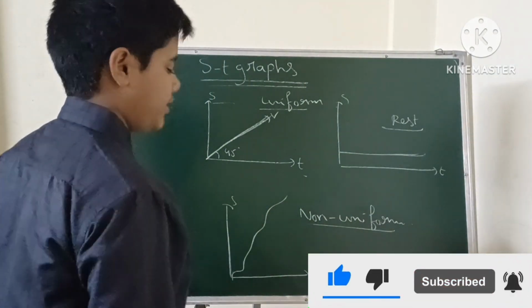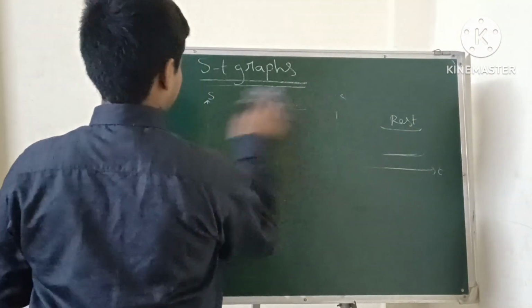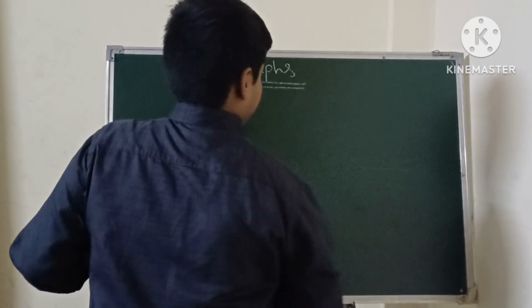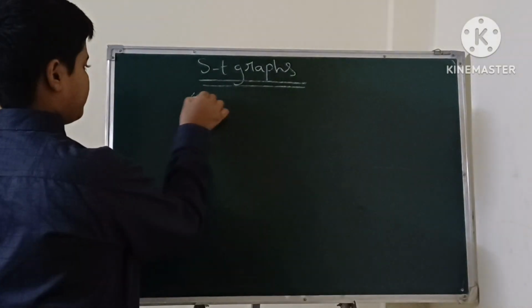So in ST graph there are another two graphs. The fourth one.